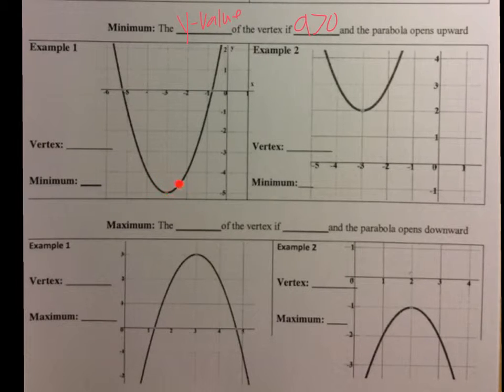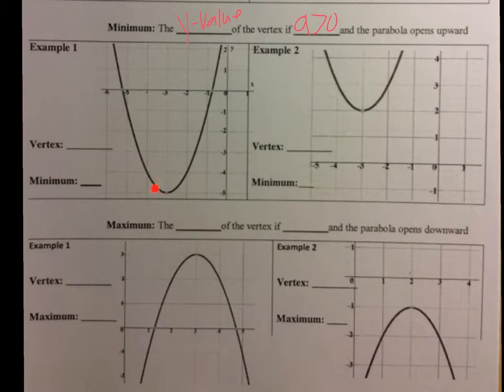So to find the minimum value, you want to find the vertex first, and then take the y value from the vertex, and that will be your minimum point. In this example, your vertex will be at the lowest point of your parabola, which is down here.